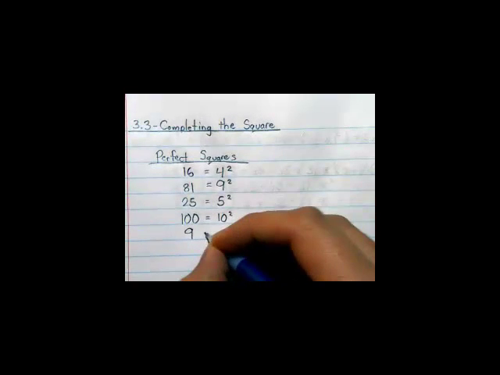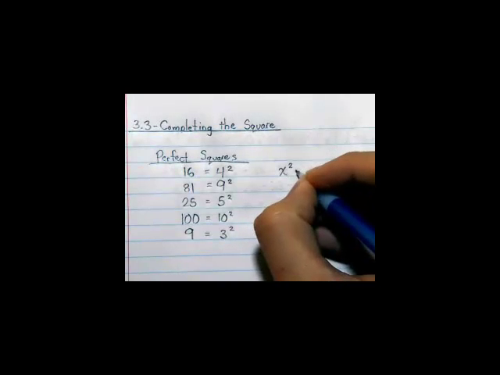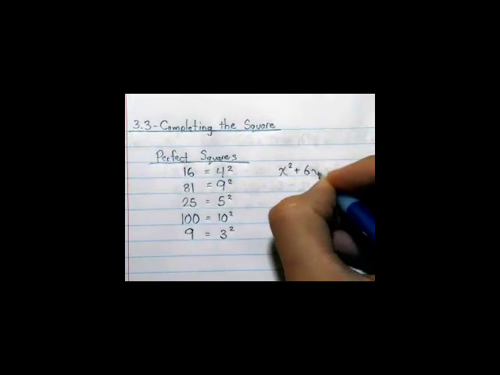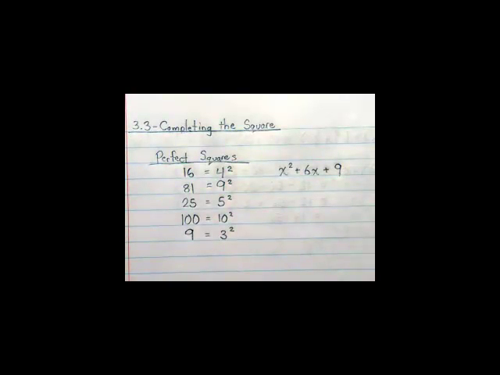Any number that you can write as another number squared, we call a perfect square. So there are perfect square numbers. There are also perfect square quadratics. I'll give you an example of a perfect square quadratic. x squared plus 6x plus 9.